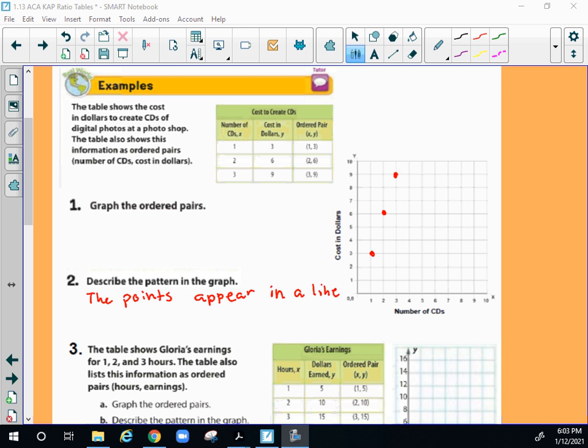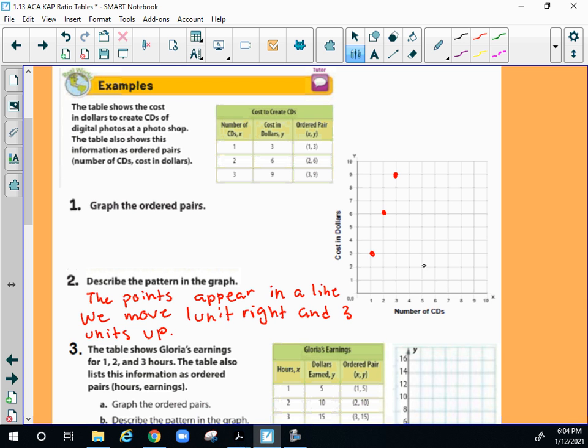Another thing I notice is that we go 1 to the right and 3 up every time. 1 to the right, 3 up. 1 to the right, 3 up. So I'm going to write that. We move 1 unit right and 3 units up.